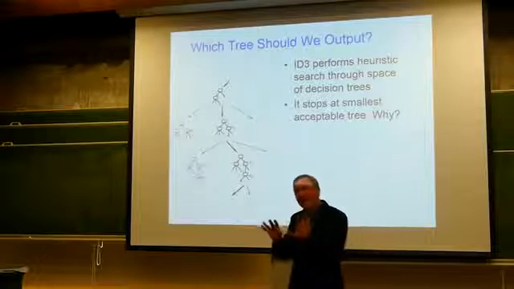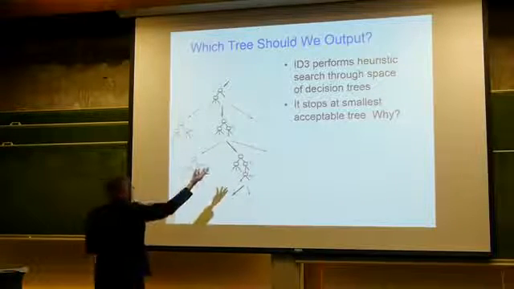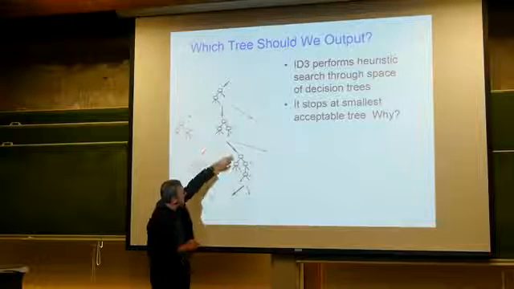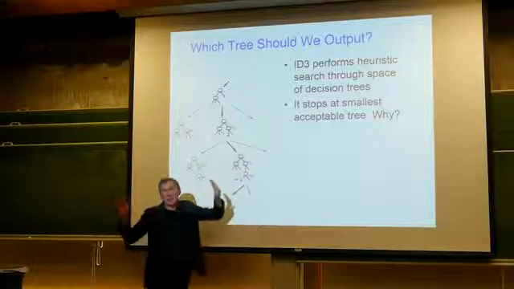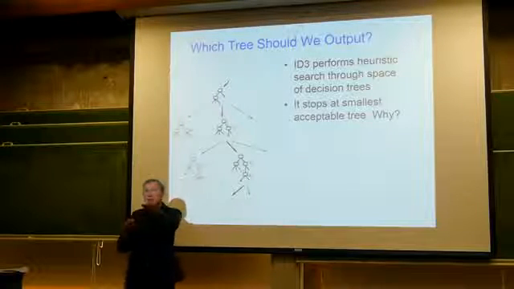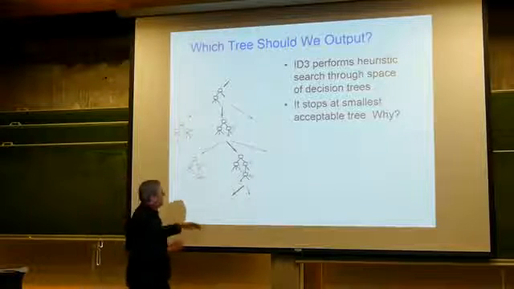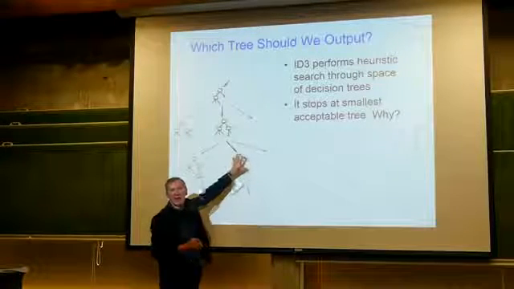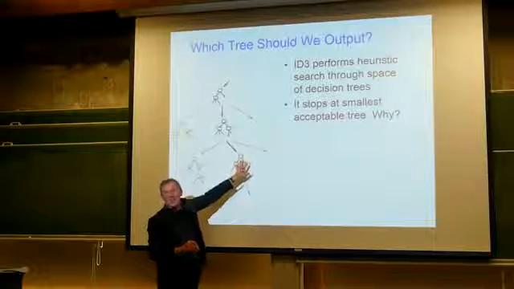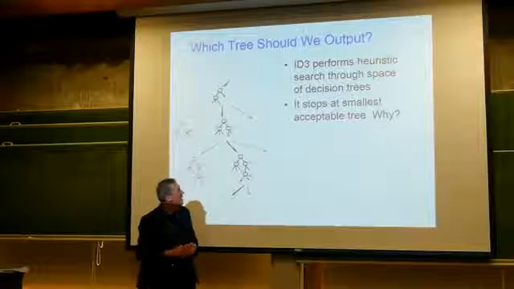But let's push on it a little bit more. Why is it that even though there are many trees consistent with just that set of 14 examples that we trained the decision tree on in the last lecture, we're going to output the tree that we get to first in this small to larger tree search?